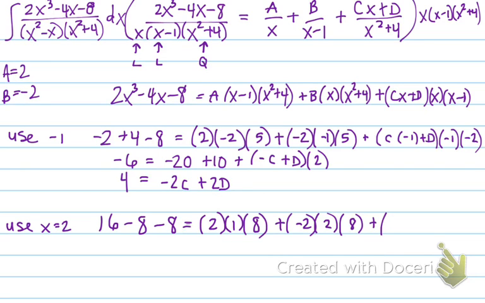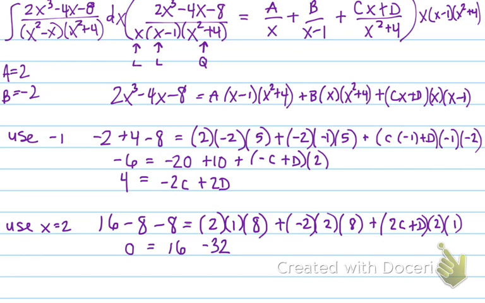Plus c times x, so if x is 2, that would be 2c, plus d, times 2 minus 1, which is 1. So 16 minus 8, that's 0. 2 times 1 times 8, that's 16. Negative 2 times 8, that's negative 4 times 8, which is negative 32.